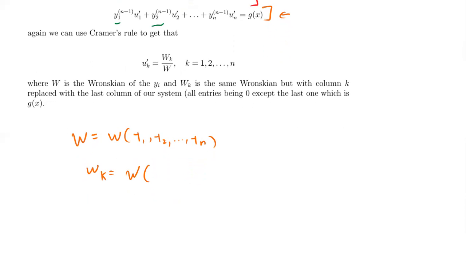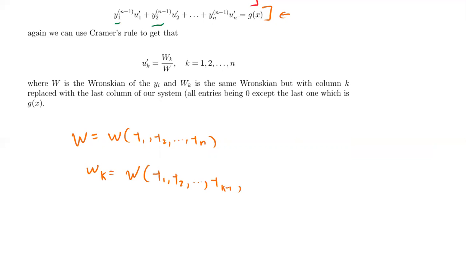Well, this is almost the same Wronskian, but what you do is you replace the kth column. So instead of working with the kth linearly independent complementary solution, you replace it with a new column. What is that column in the Wronskian?